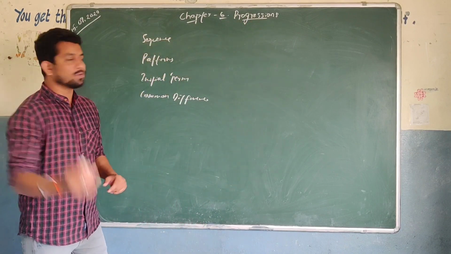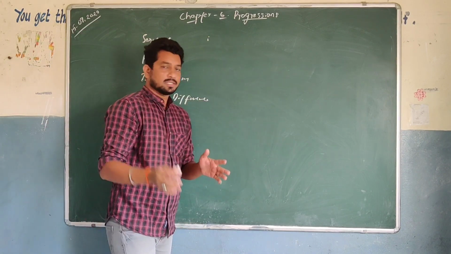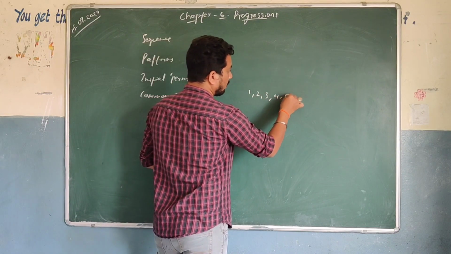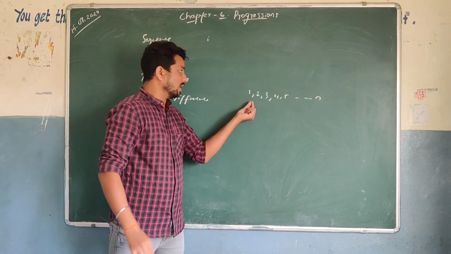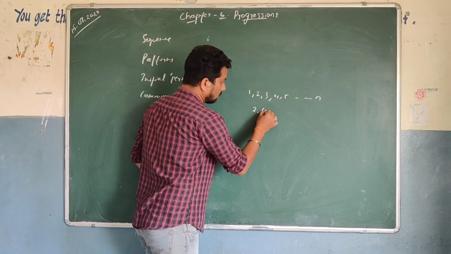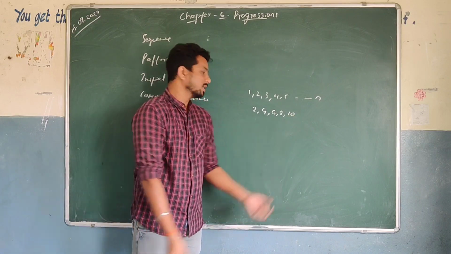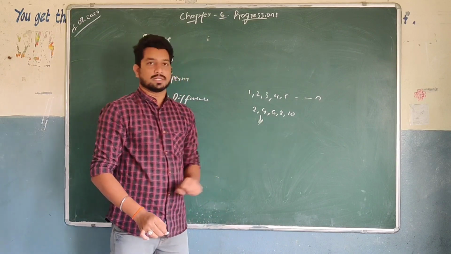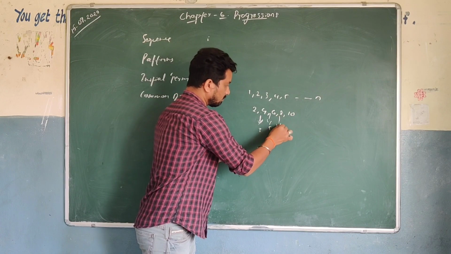First, let us see what is sequence. You know that, as I just told you, 1 2 3 4 5 and so on to n. This follows a sequence, right? Okay, and next if you take 2 4 6 8 10, you know that this is also following a sequence. Every alternate number we are leaving, right? 3 is missed, 5 is missed, 7.